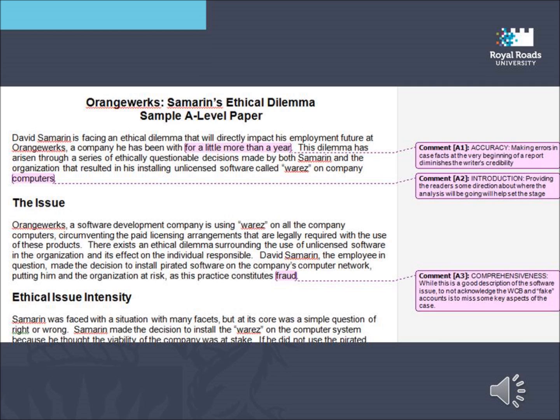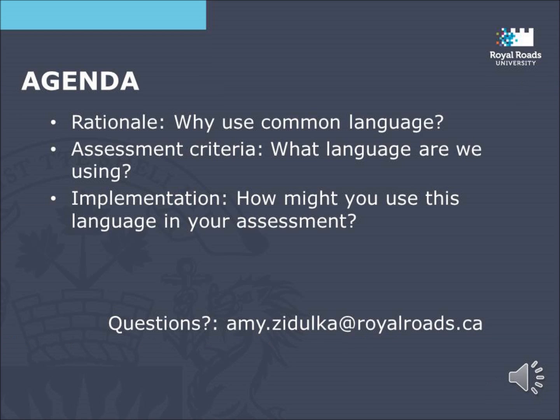For example, if in this case analysis the learner were to continue to make errors in accuracy, you could simply write accuracy in the margin without explaining each instance. Also, assessing in this way can help save time in composing your summative comments at the end of the paper. By scanning the margin, you can quickly see what the most dominant issues are.